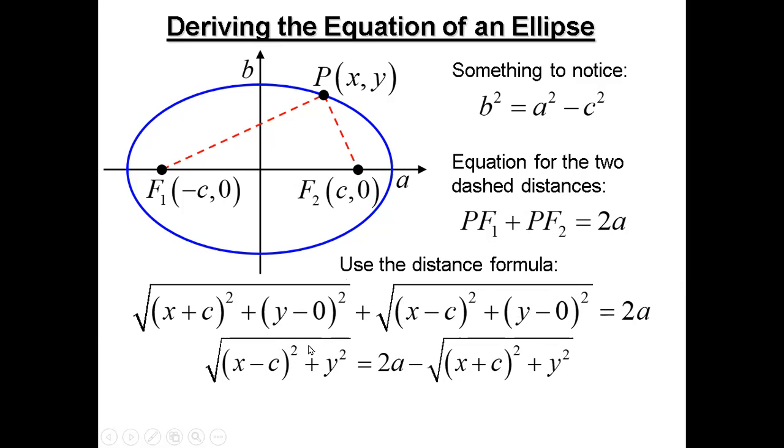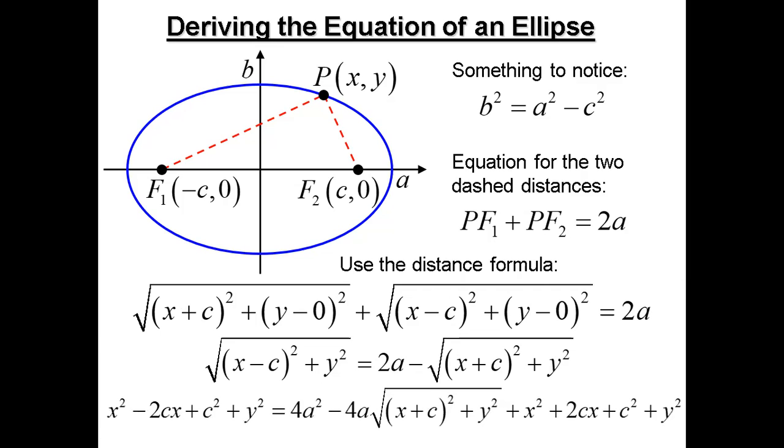And using the subtraction property of equality, this expression is now subtracted here. So on the right side, we have 2a minus the square root of x plus c quantity squared plus y squared. Okay, let's observe why it is like that for the following given.